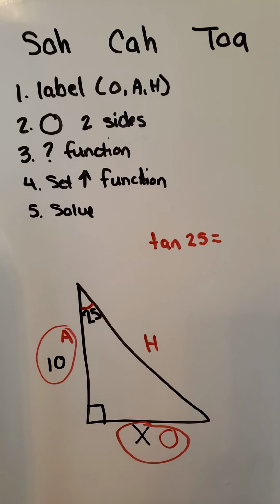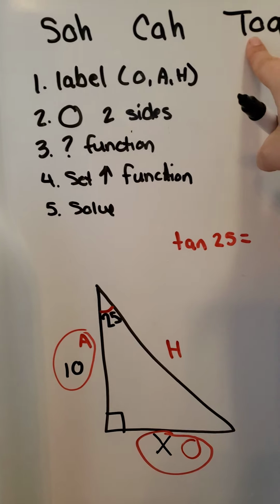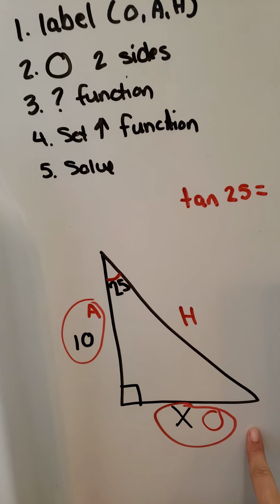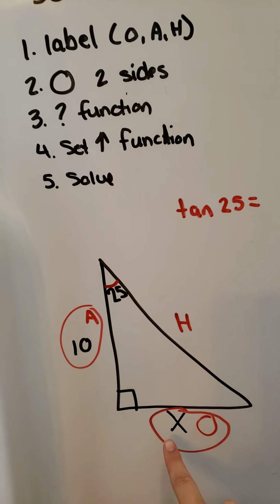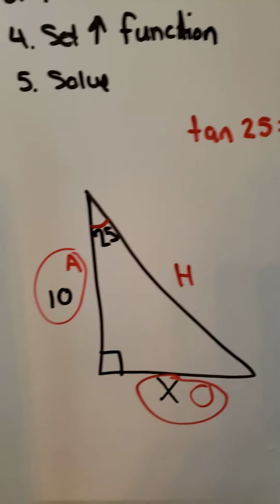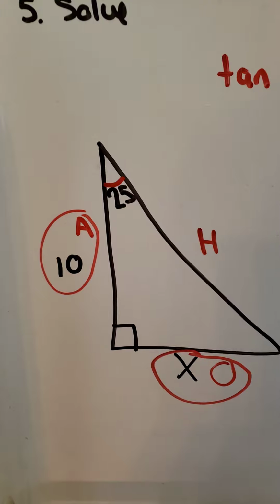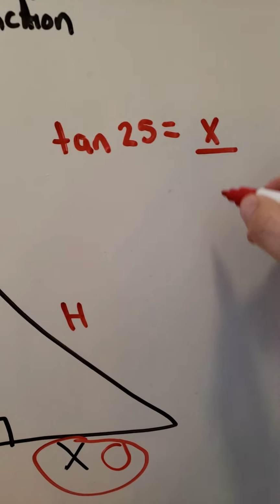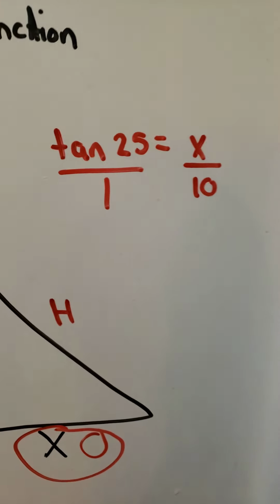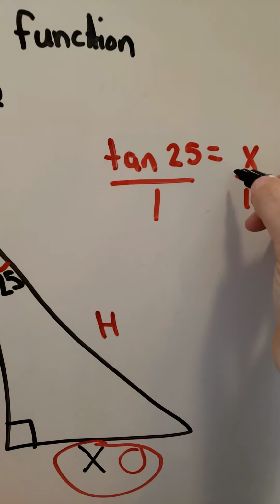What goes first? Right? O is first, so the O goes on top. What do I put in for my opposite side? What's my value of my opposite side? It's an X. So I put my X here. Over A, what's the value of my side that's A or adjacent? 10. I put my 10 here. Okay? I'm going to put this over 1 because then we have a proportion.